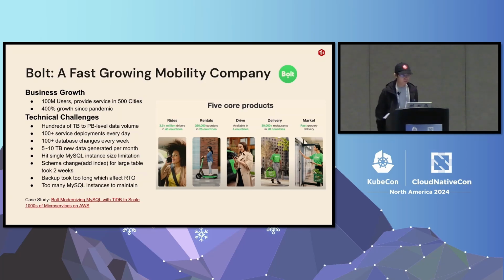In total, they have hundreds of terabytes to PB level data volume. Every day, they have 100 service deployments. And they need to do more than 100 database changes, I mean schema changes or data migrations, every week. And every month, more than 5 to 10 terabytes of new data are generated.